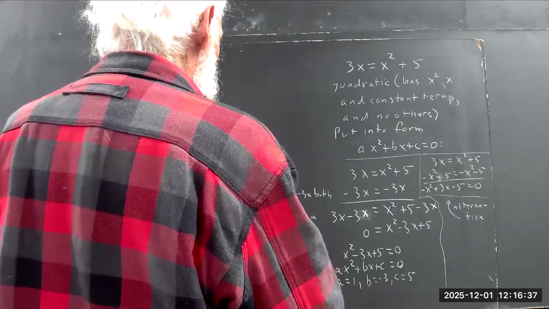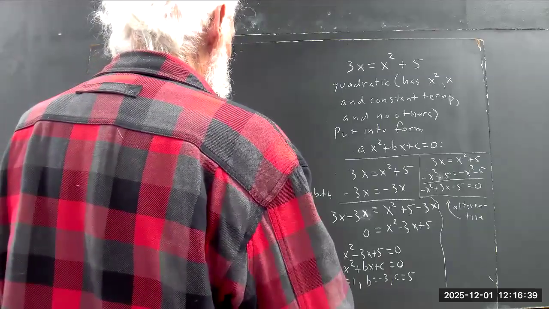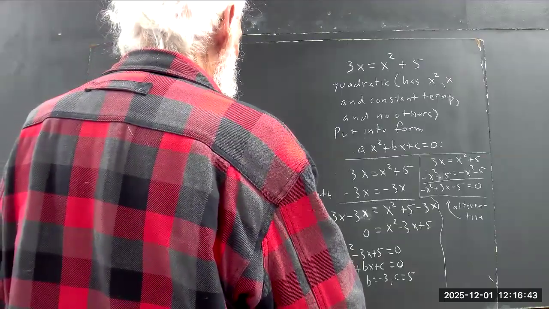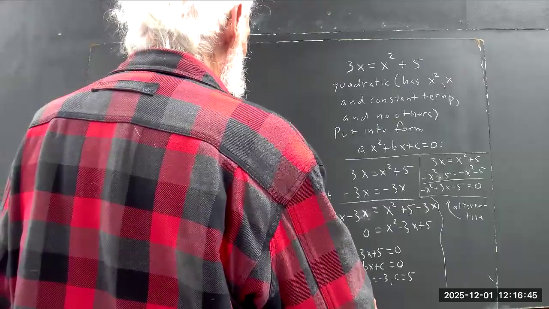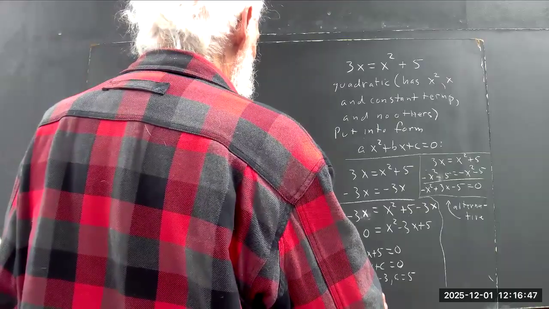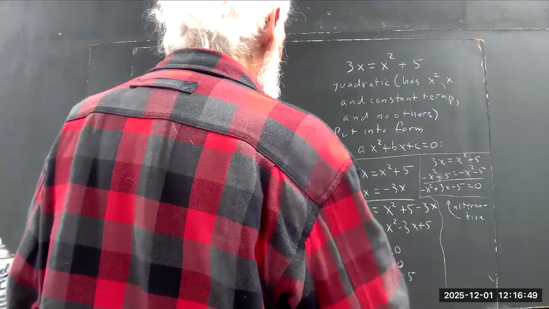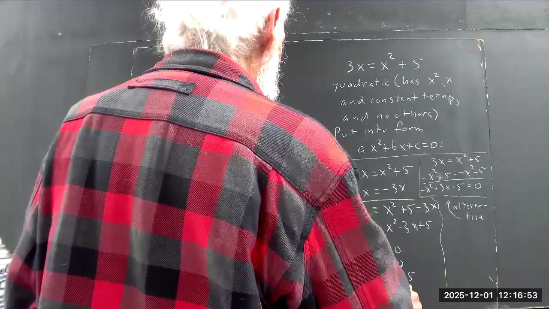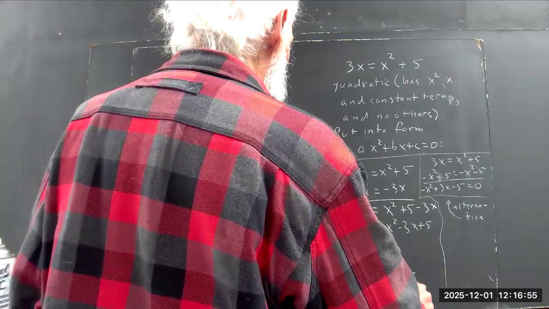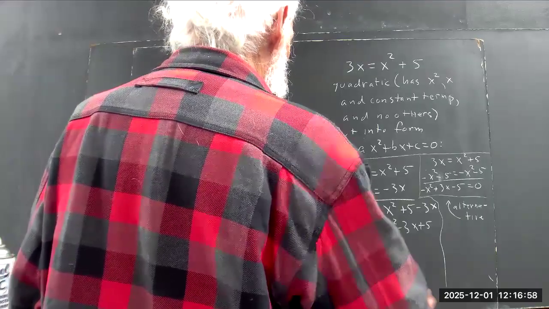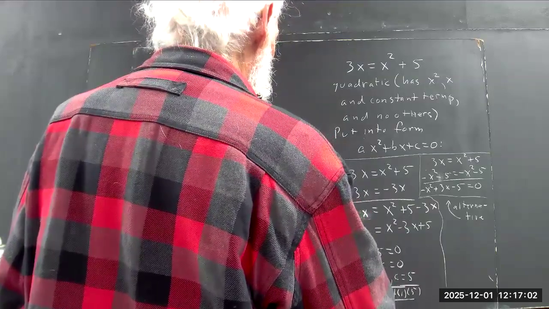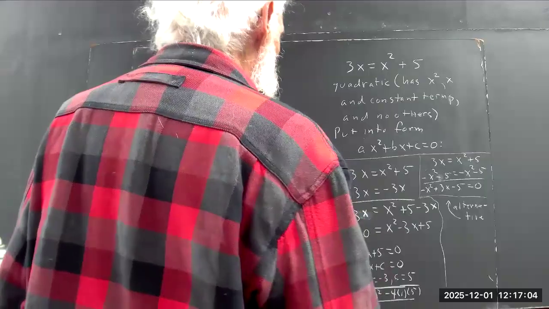So we get x equals negative of -3 plus or minus the square root of -3 squared minus 4 times 1 times 5, all divided by 2 times 1.